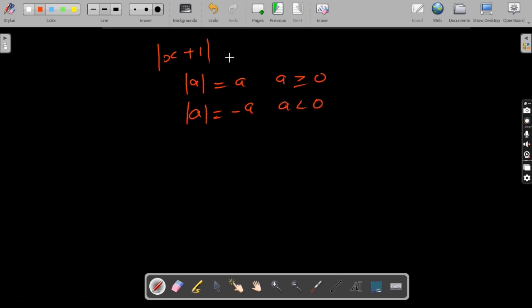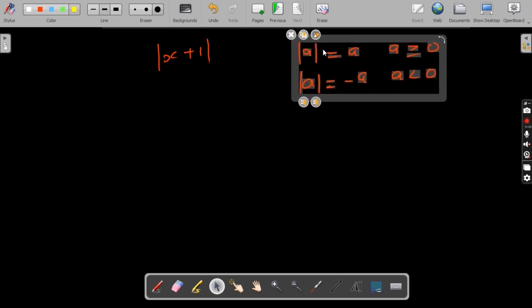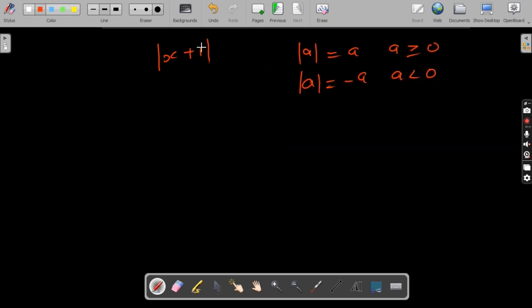So in this case, we're not told if these values in here are negative or positive, so we have to cover for both cases. If we cover for both cases, we now have to consider the case where this is negative and positive. So let's start with the positive case.